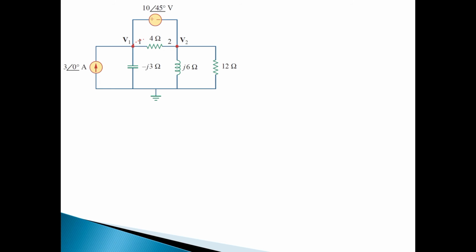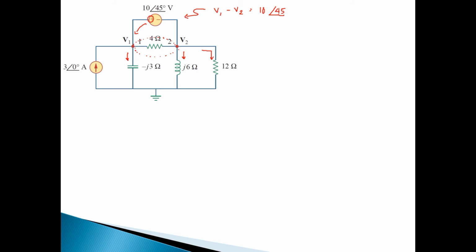Let's just treat this as the supernode, and then consider the direction of the current. So the equation of the nodal supernode here is positive V1 minus V2 equal to 10 angle of 45. This is our nodal supernode equation.